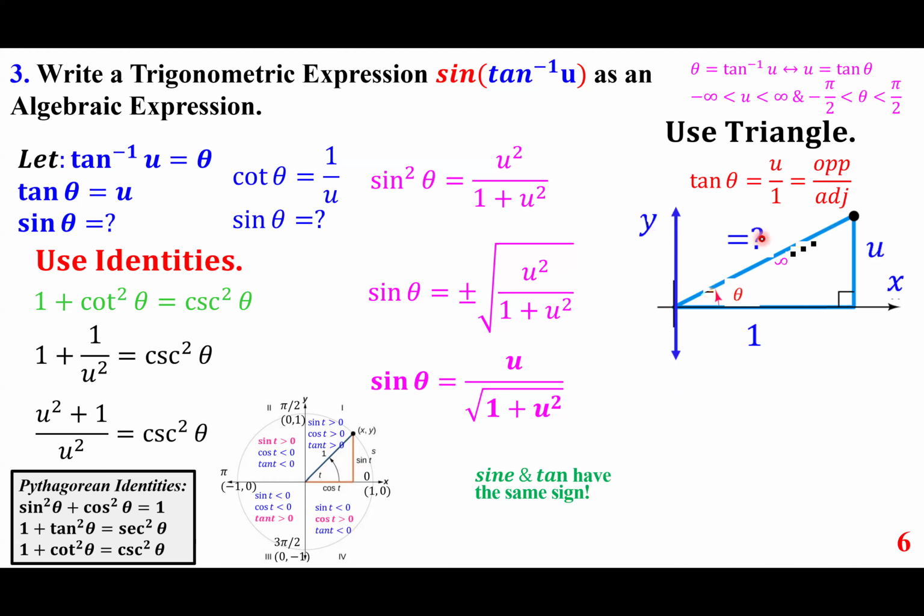So what is the hypotenuse equal to? 1 squared plus u squared under the radical, or u squared plus 1, either way is fine. And sine theta is the opposite over the hypotenuse, u over the hypotenuse, which is the square root of 1 plus u squared. So you can use the triangle, you can use the identities, you can use circles. There are many different ways to come up with the answer.